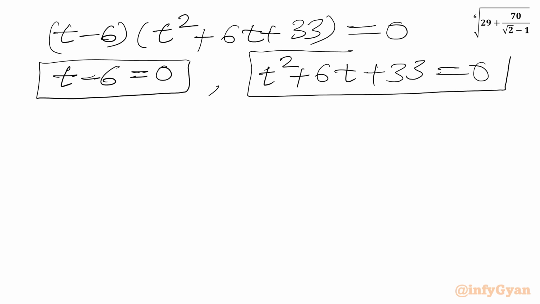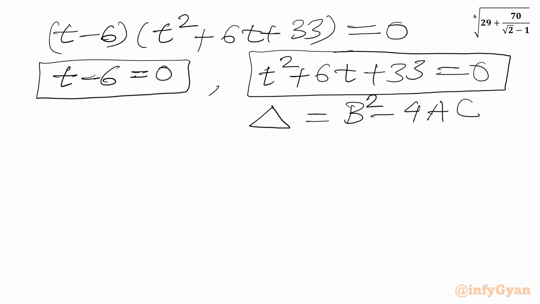Now I will consider the second equation, which is quadratic. Here I will calculate the discriminant, b square minus 4ac. So b is the coefficient of t, 6 square minus 4 times a, the coefficient of t square, which is 1, c is the constant 33.